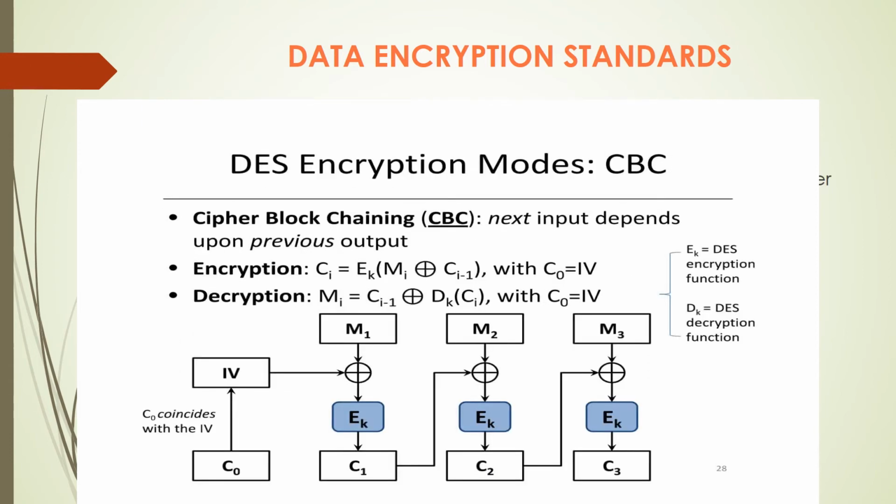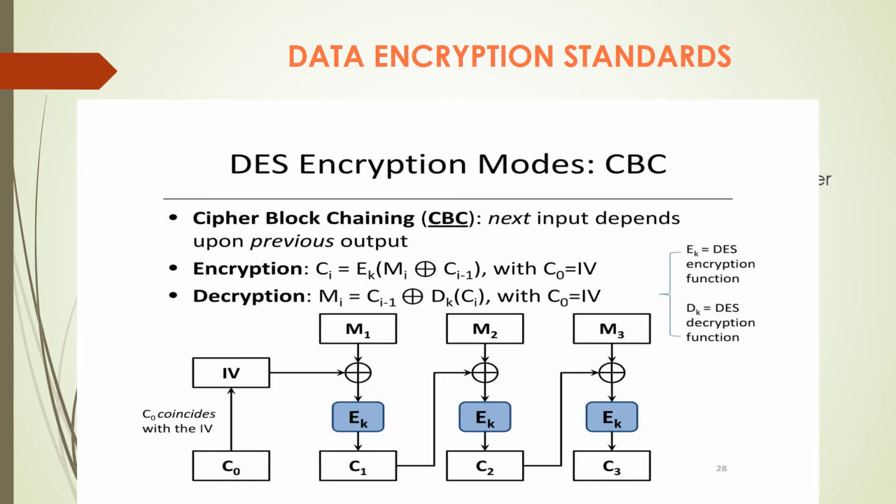Now we will see the second mode of operation, that is CBC mode, that is cipher block chaining mode. In CBC mode of operation, an initialization vector IV is XORed with the plain text prior to encryption.